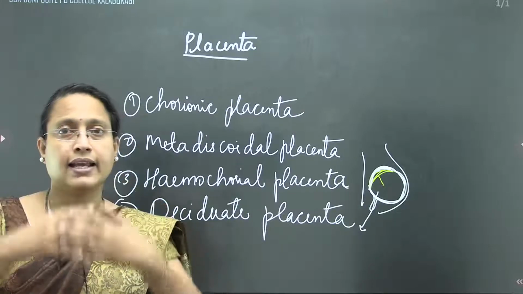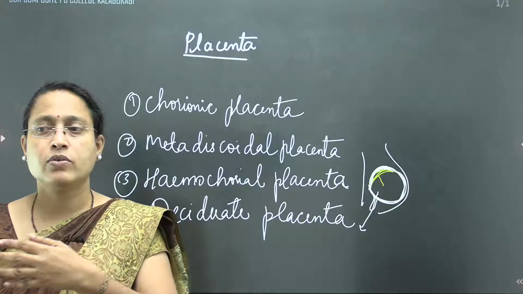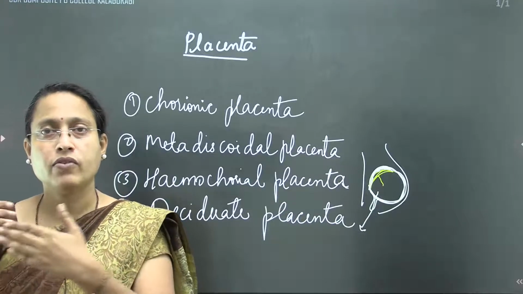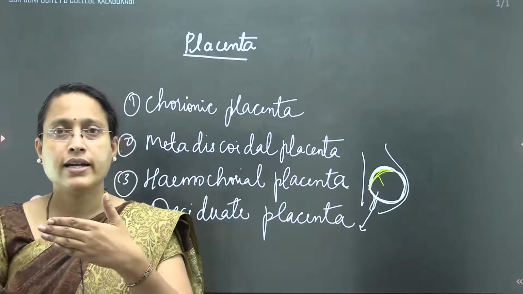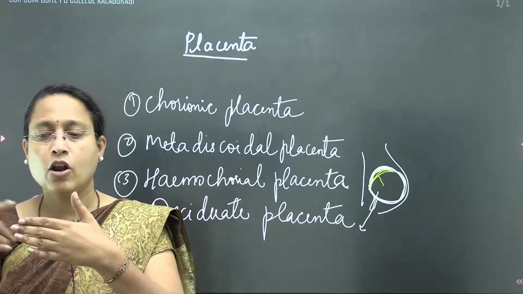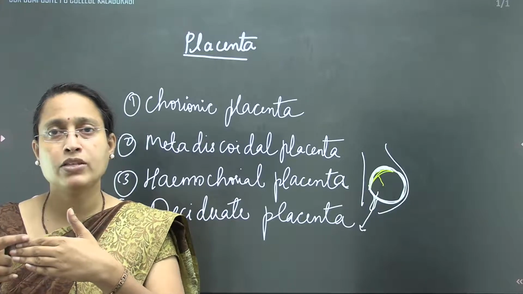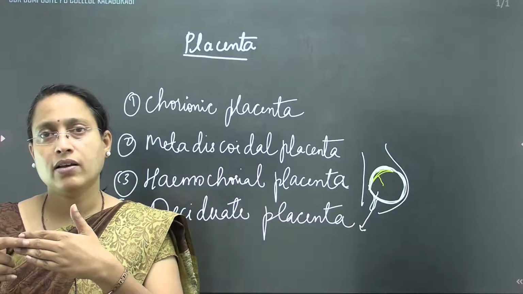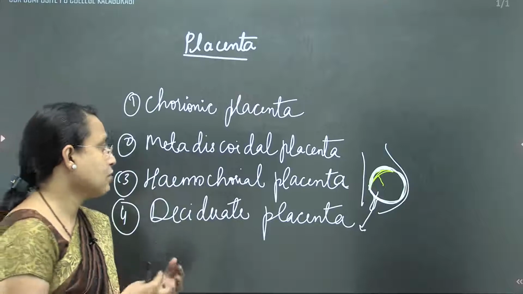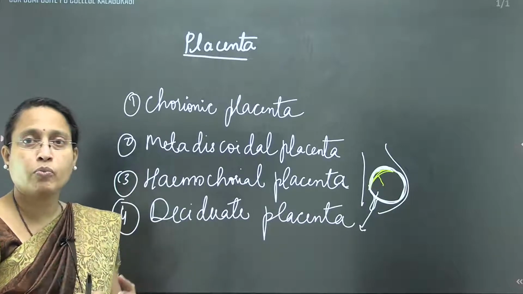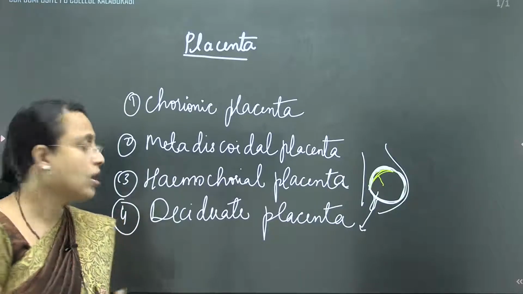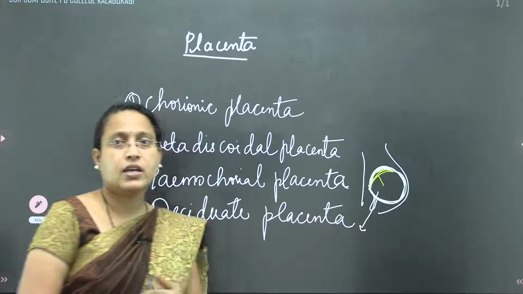Since it is intricately connected, when the placenta is going to be ejected, the decidua is intricately connected with this placenta. So when placenta is released, along with this part, there is a damage to the inner wall of the uterus. Okay, that is a decidua. Because of this intricate connection, because of loss of placenta as well as loss of maternal decidua also, it is called as deciduate placenta.